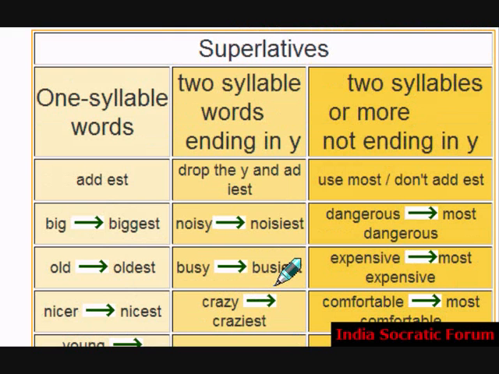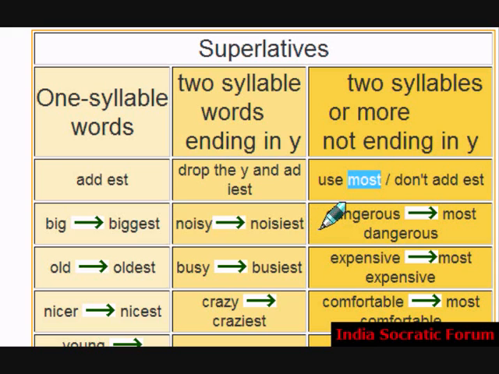Okay, let's see the other type, the third type. There's two or more syllables not ending in Y. What do we use? We use most. We don't add EST for two or more syllable big words. We don't add EST. Instead, we use the word most.